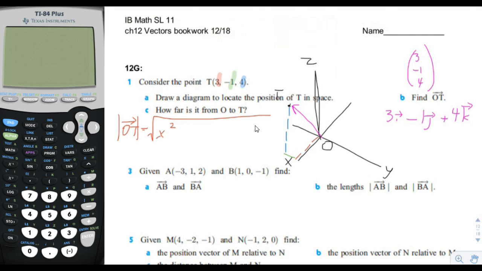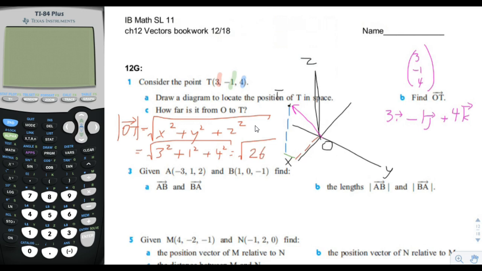So you have 3 squared plus (-1) squared, which would be plus 1 squared, plus 4 squared. You take the square root of that, which is the square root of 9 plus 1 plus 16, which would be 26. So the square root of 26 is the distance from O to T.